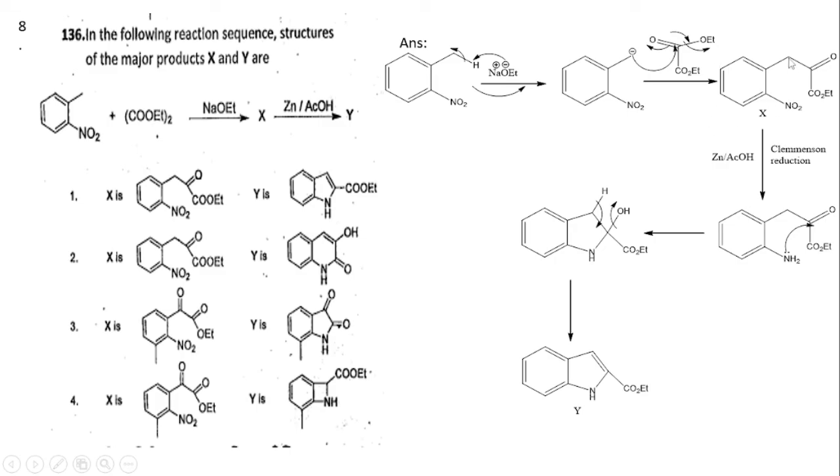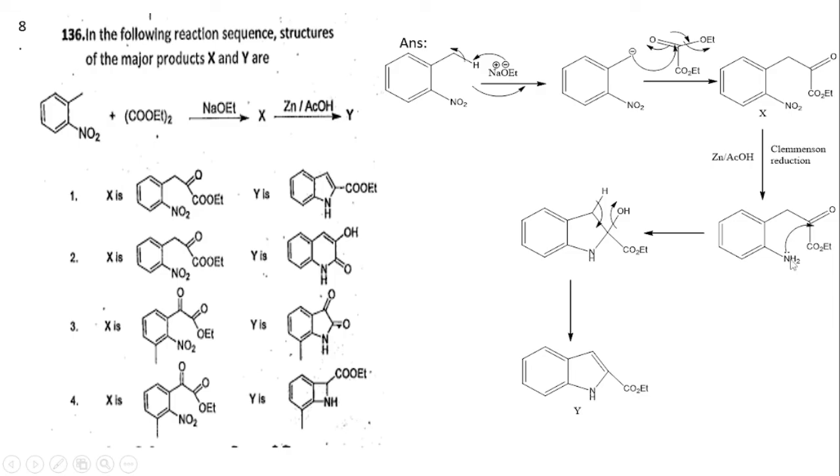So it leads to CH2, CO, and single bond CO2Et. And after that, they are adding zinc in acetic acid. It is a Clemmensen reduction reaction. It leads to the reduction of this nitro group into the amine.